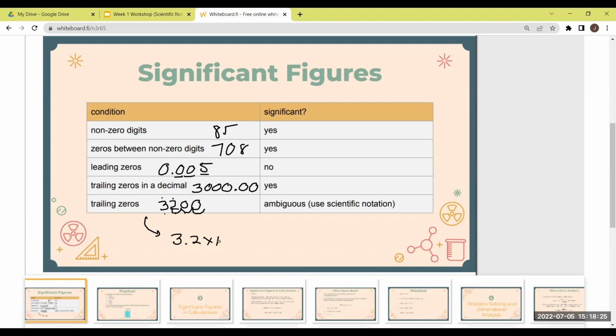times 10 to the 3. This number would have 2 significant figures. Now, if you were to write this as 3.20 times 10 to the 3, this would be 3 significant figures.